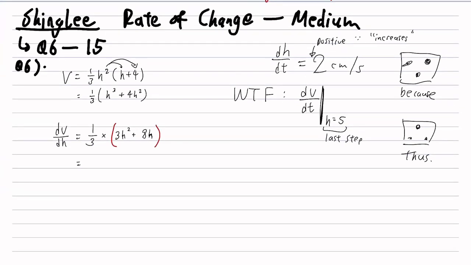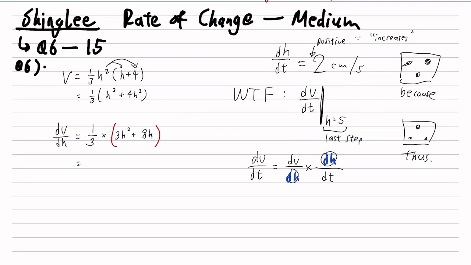Then how to continue? Find what? dV by dt. dV by dt equals dV over blank times blank over dt. Then you have dV over dH, so put dH, and then you put dH over dt.